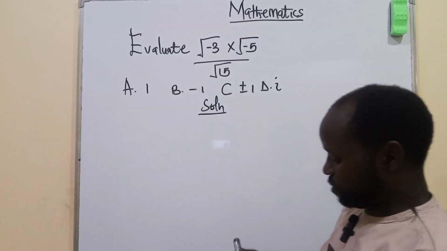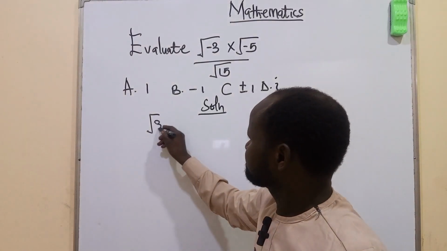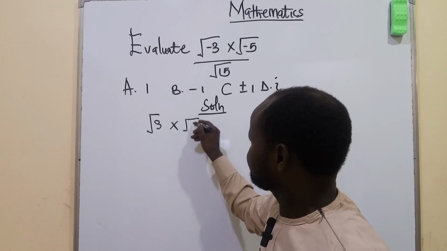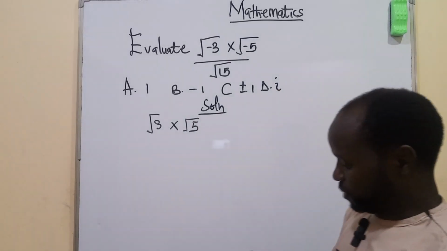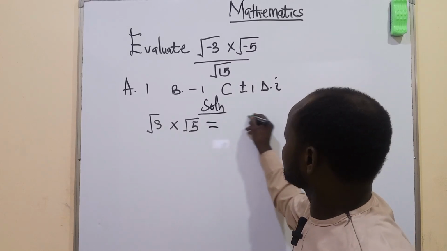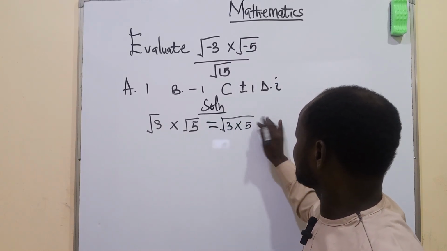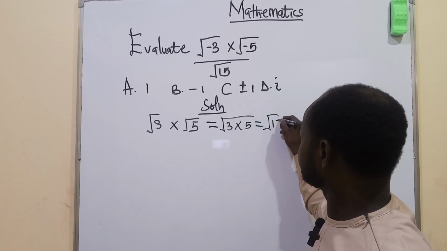We have to understand that if we have root 3 times root 5, we can write it as square root of 3 times 5, which is equal to root 15.